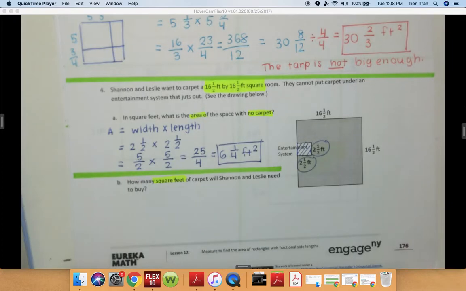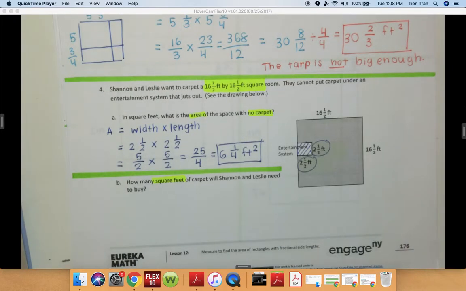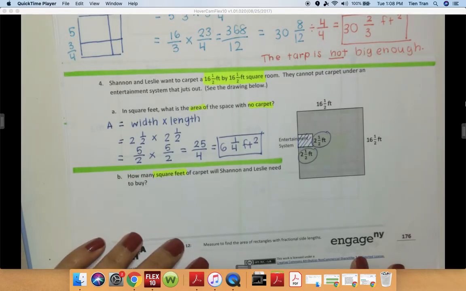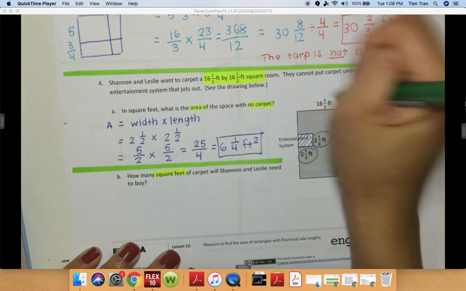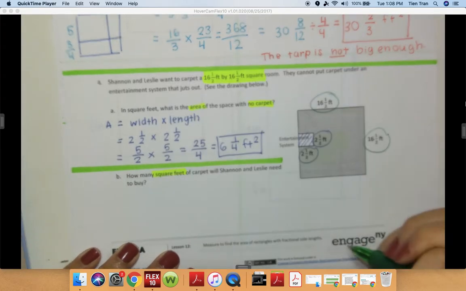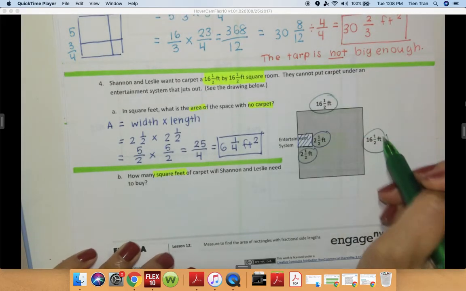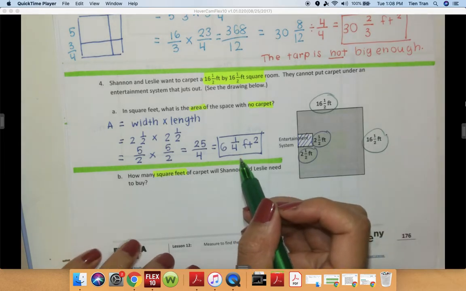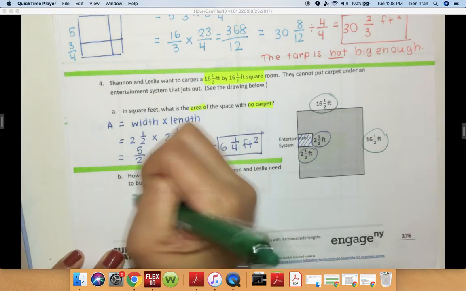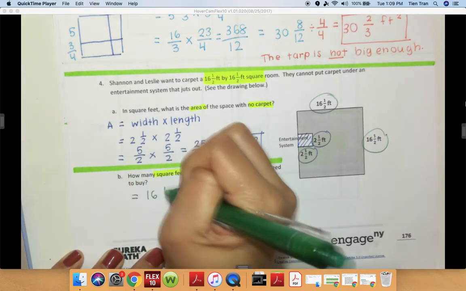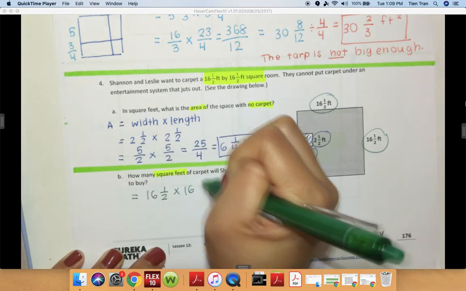Now, I need to figure out for problem B, how many square feet of carpet will Shannon and Leslie need to buy? So I need to figure out how much carpet they will need to buy. And to figure that out, I'm going to be multiplying 16½ times 16½ and then subtracting 6 1/4 in order to get my answer. So I'm going to multiply 16½ times 16½.